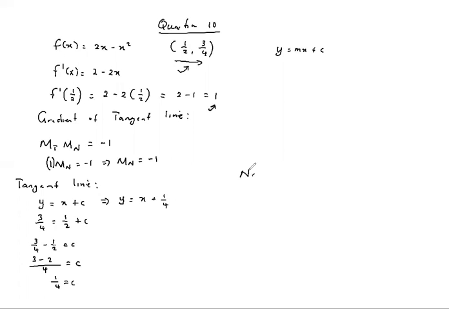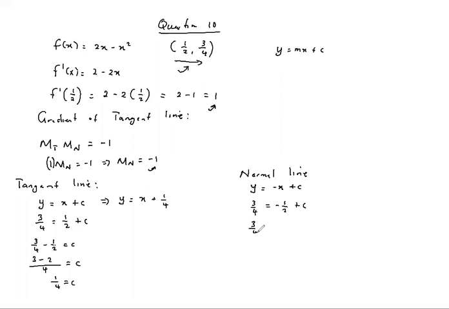We got the normal line. The difference is just in the gradient. This will be y is equal to negative x plus c because its gradient is negative 1. So again, the same point: 3/4 is equal to negative half plus c.